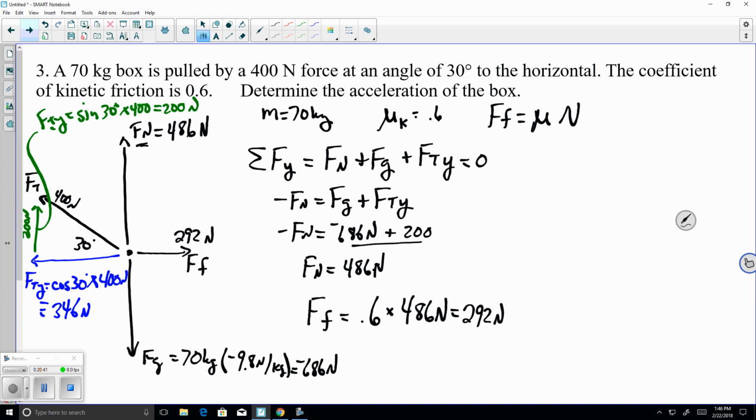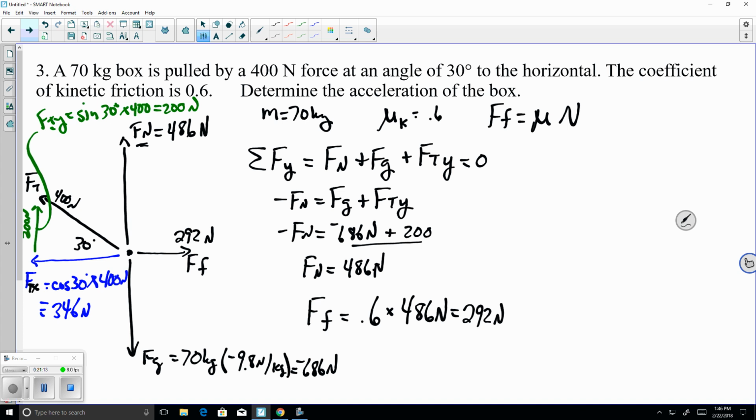All right, now we want to know how fast this box is accelerating. Once I've got the friction force and I've got Ft in the x direction, I'm going back here, and I mislabeled this. Ftx, I know those. Oh, I did have the minus there, sorry. So what I need to do then is solve for that.